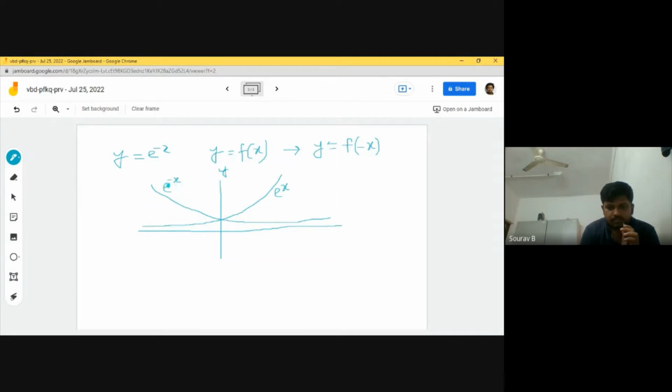So it will start from infinity and the value will reduce down to 0 at x equal to infinity. This is the plot of e to the power minus x.